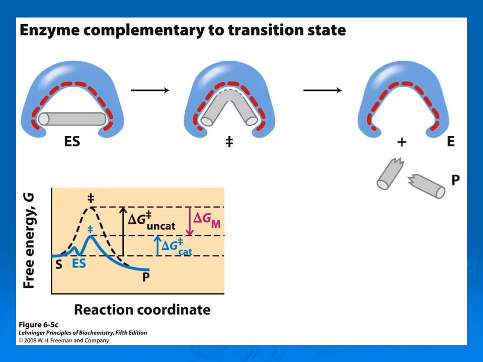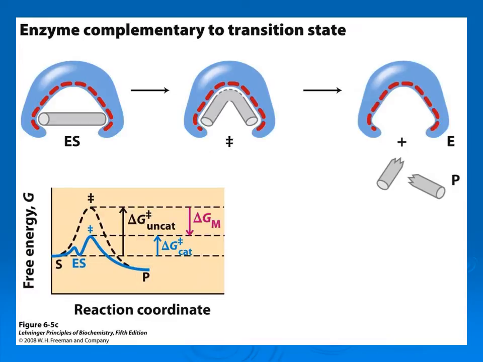All right. So this is an idea that's even called transition state theory. I don't know if your book uses that term or not, but transition state theory is the idea that once the substrate gets in, it's not so much that it induces a conformational change only on the enzyme itself.